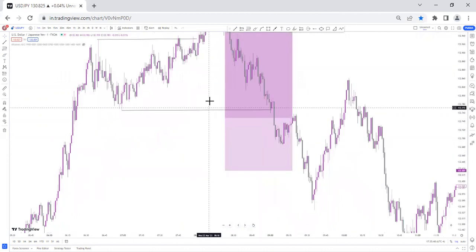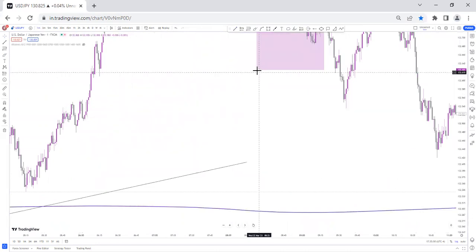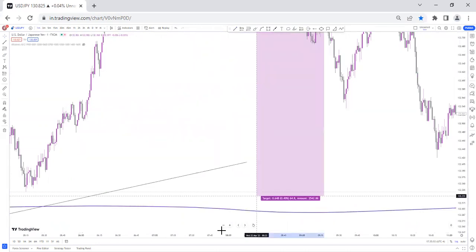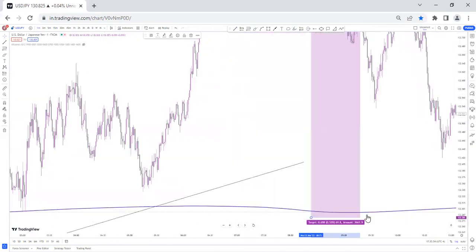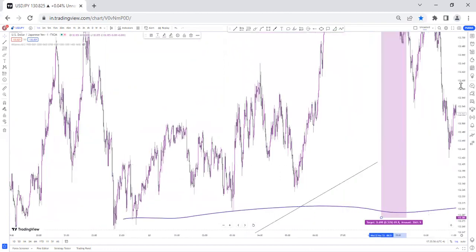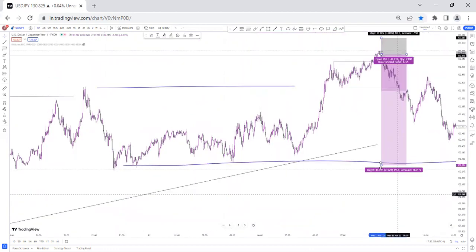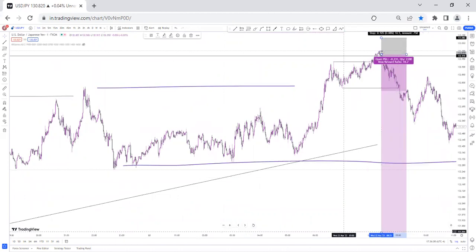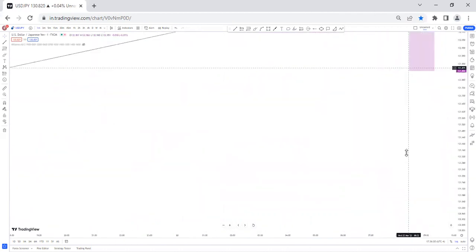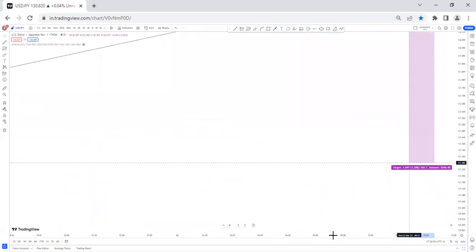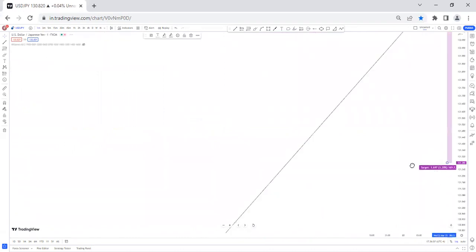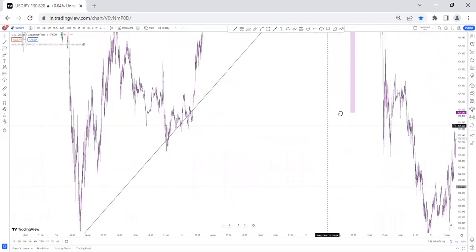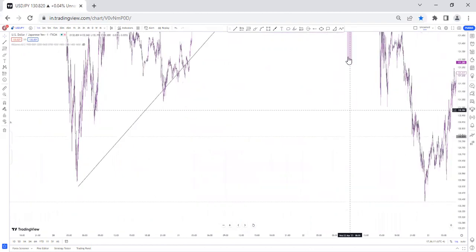Let's see what we got. Let me zoom in. Still a long way down. Wow, wow, wow. That's why I love the M1 entry. I really, really love the M1 entry.